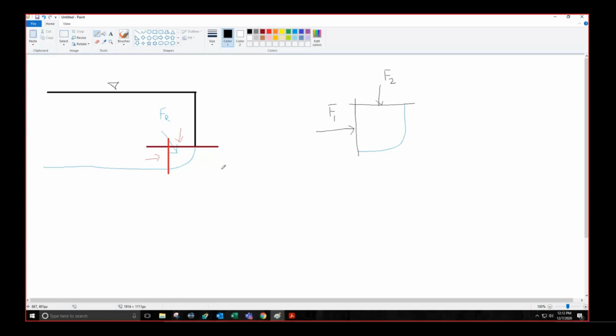Since this curved surface is interacting with some wall here, which is also curved, there will be a horizontal component FH of this wall. There will be a vertical component, and then there will be the weight of this fluid, which will be acting downwards through the centroid. Clear? Okay, is the point understood?